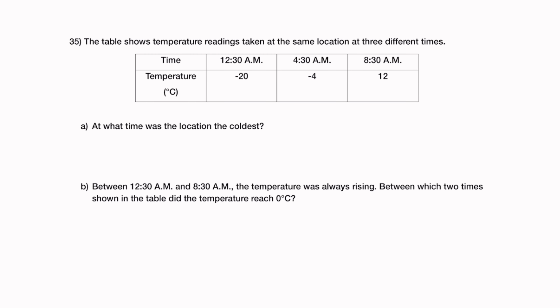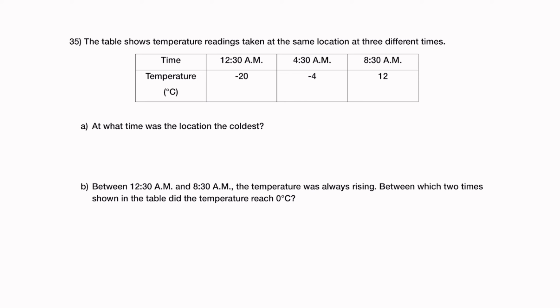The table shows temperature readings at the same location at 3 different times. Okay? So you have 12:30 a.m., 4:30 a.m., and last one at 8:30 a.m. So the temperatures are given to us. At what time was the location the coldest? Coldest meaning more minus, right?